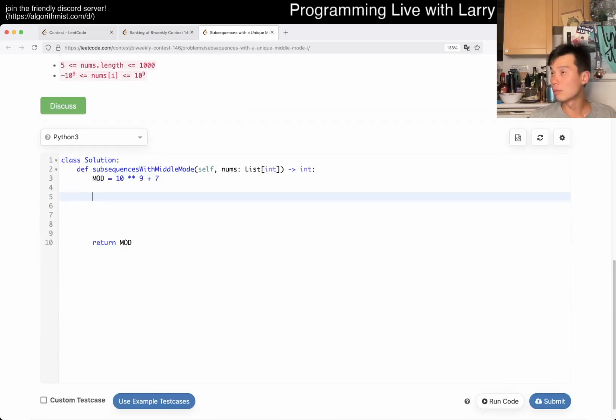So here maybe we have only 1,000 numbers, which means that we should be able to do prefix sum in a good way, right?